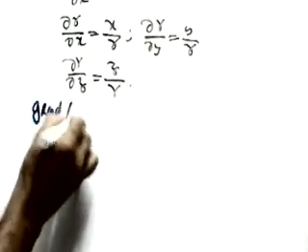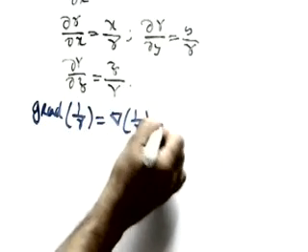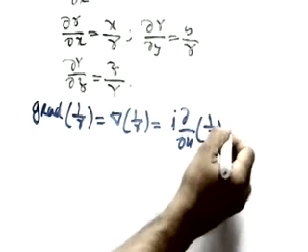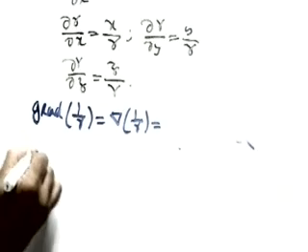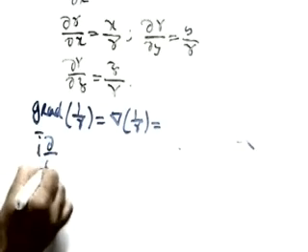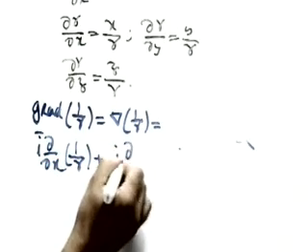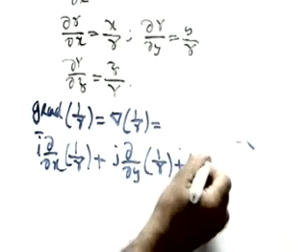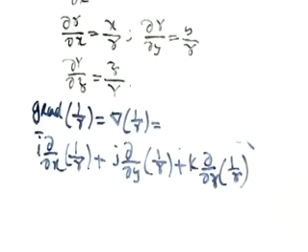Del of 1 by r is i vector dou by dou x of 1 by r plus j vector dou by dou y of 1 by r plus k vector dou by dou z of 1 by r.